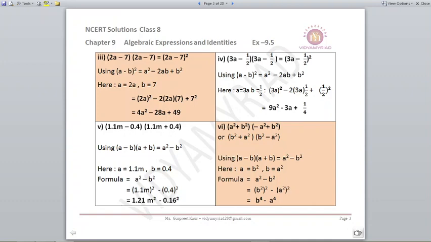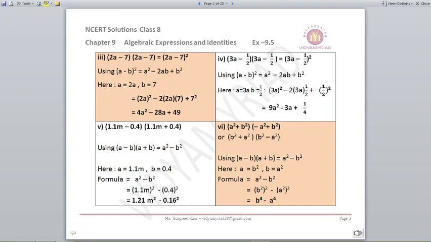So what is a? a is 2a and b is 7. Now put it into the formula of a square - 2ab + b square. So I can rewrite it as (2a) the whole square - 2 into 2a into 7 + 7 the whole square. So your final answer is 4a square - 28a + 49.